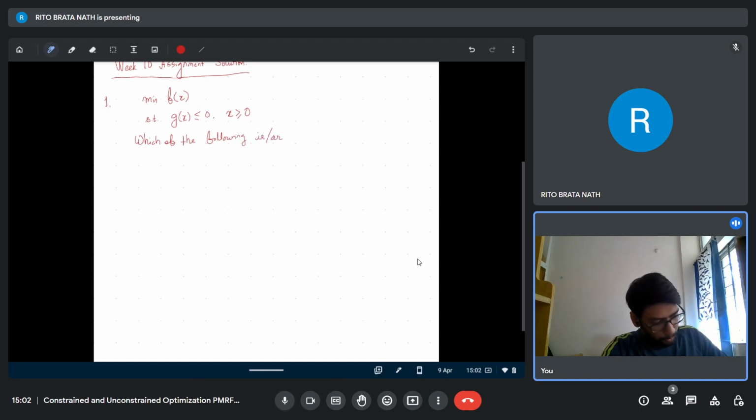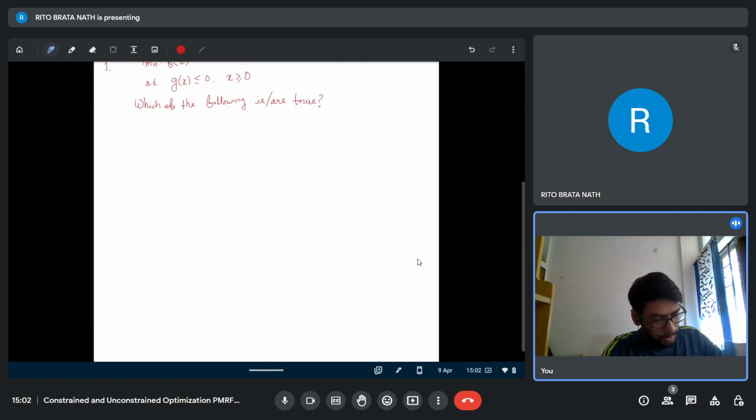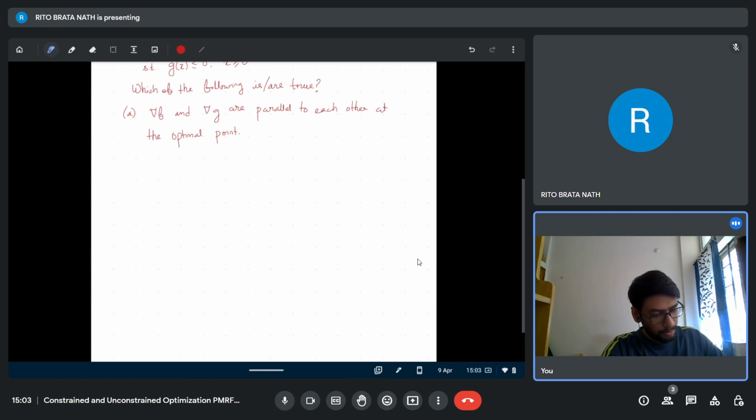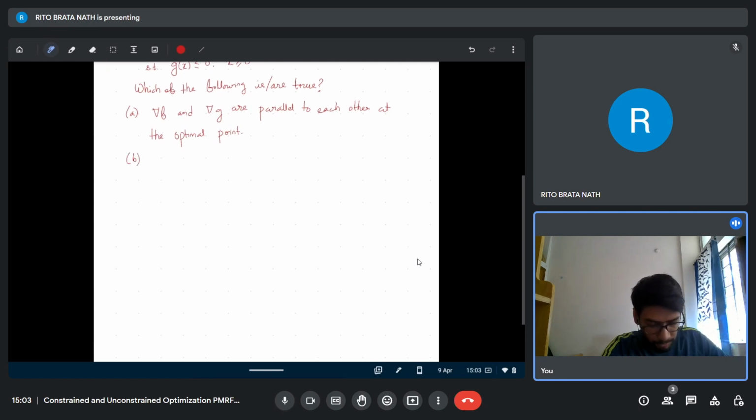The options: Option A is grad of f and grad of g are parallel to each other at the optimal point. The next option is they are perpendicular to each other at the optimal point.